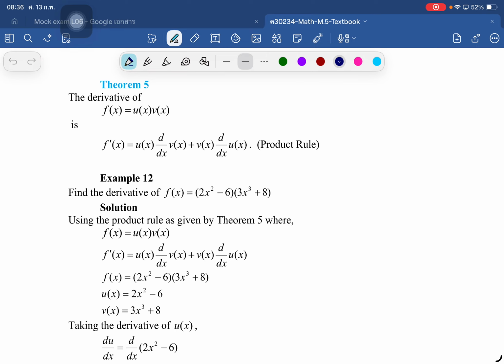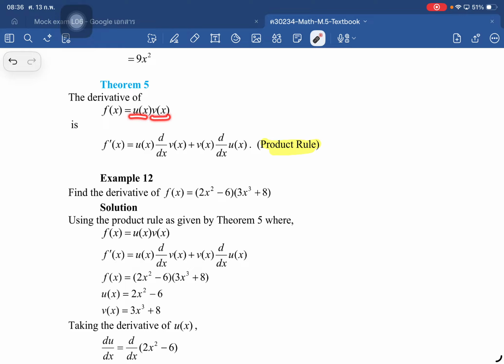And then according to the differentiation formula, you have v diff u minus u diff v, divided by v squared, like this. The v term is 3x to the power 3 plus 8, times diff u, 4x, minus the u term, 2x squared minus 6, times diff v, 9x to the power 2.